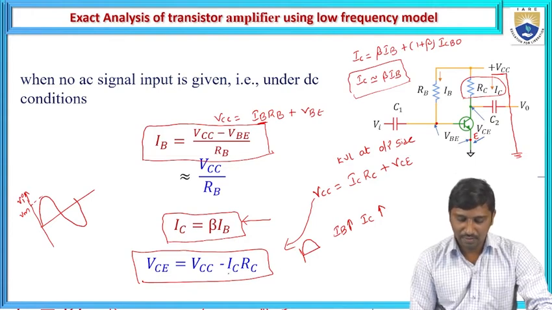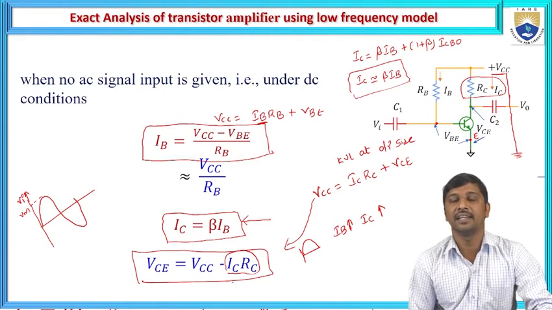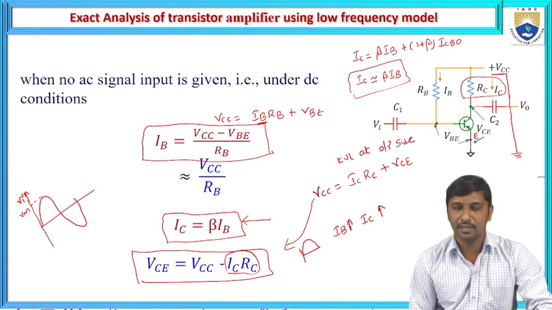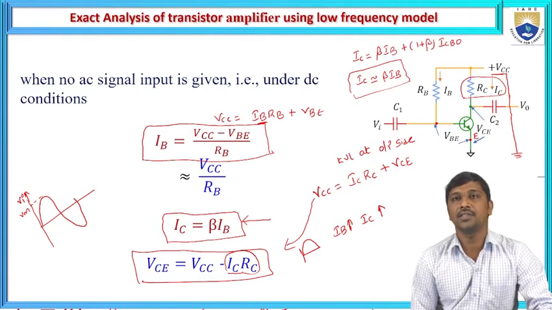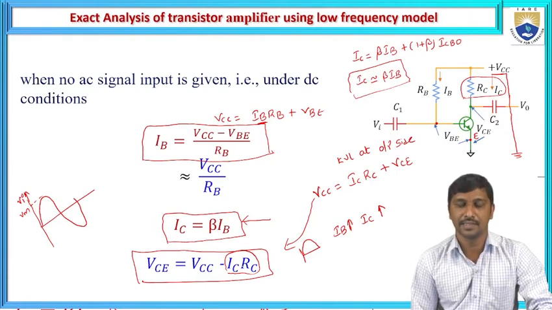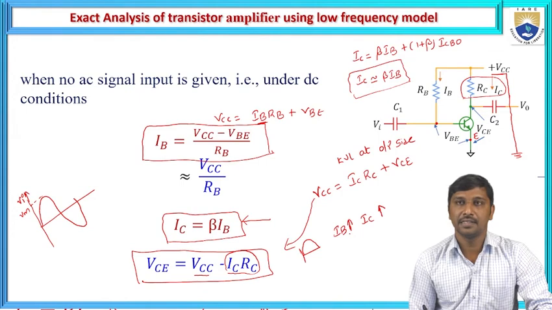Hence, the voltage drop across the collector terminal also increases. Because the collector current increases, the voltage drop across the collector terminal increases. Here VCC is constant, so while the base current increases, the collector current also increases, hence the voltage drop across RC, the collector resistance, also increases.